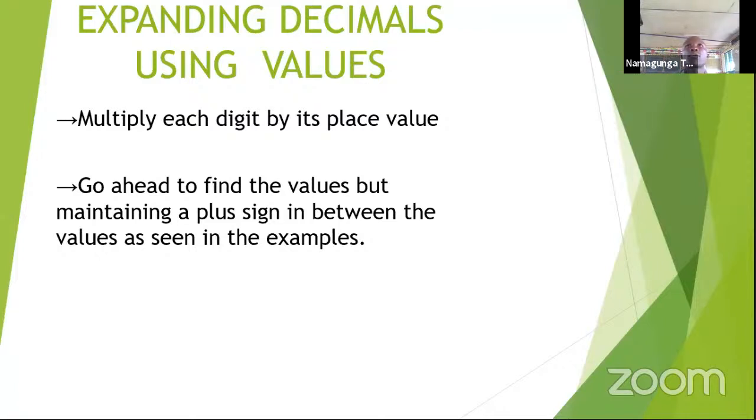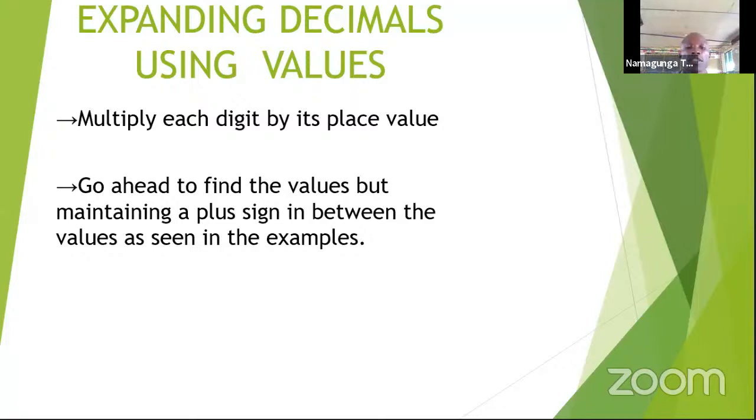Let us hear from Immaculate. Immaculate, try to be fast. Read for us the first step. What shall we do? Multiply each digit by its place value. Thank you very much. You can even take us through the second step.